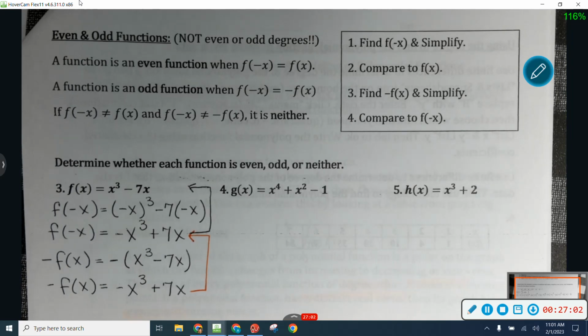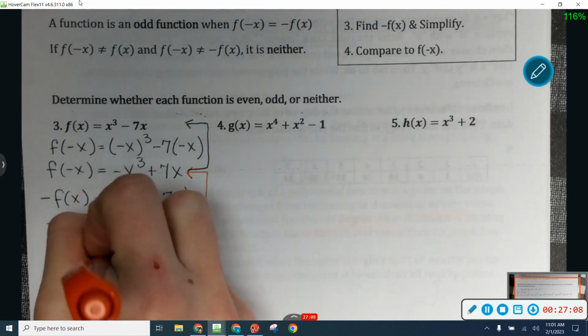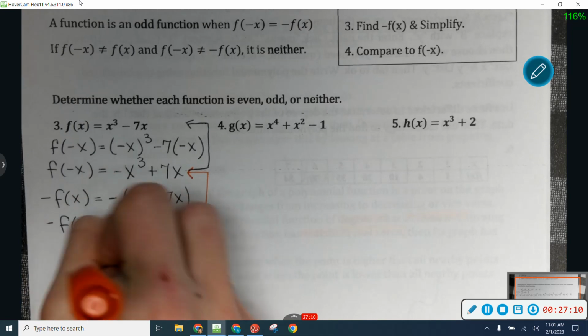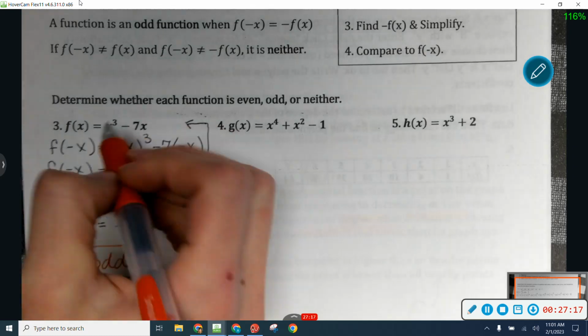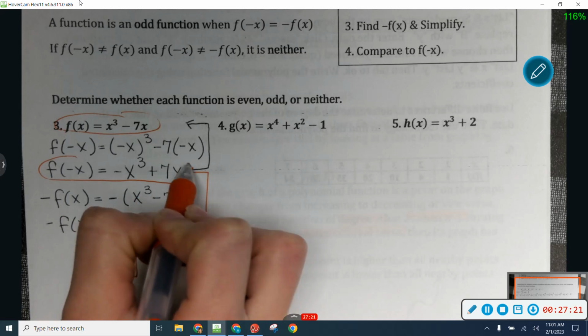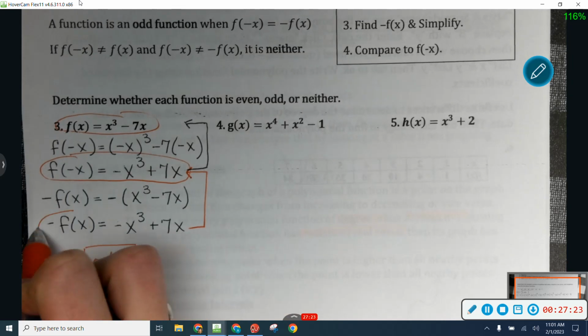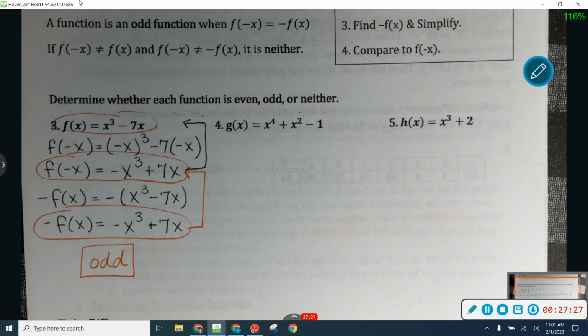So many negatives. Is that the same? So it would be considered odd. So we have three things we're looking at. We're looking at our original, we're looking at f of negative x, and then negative f of x. Okay?